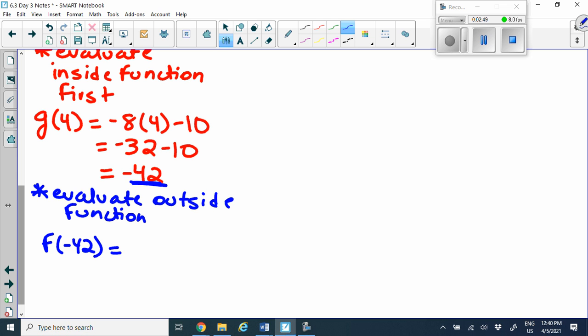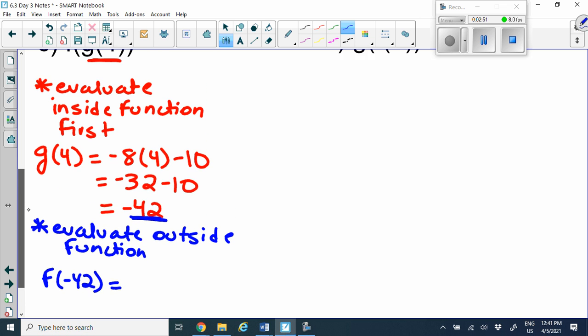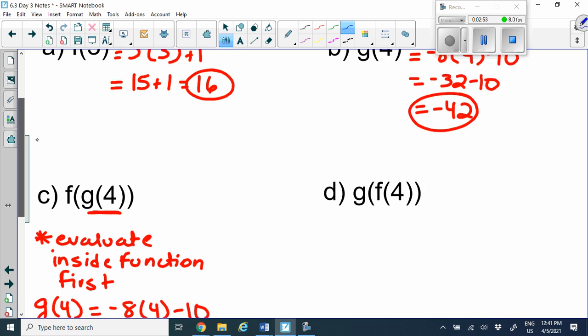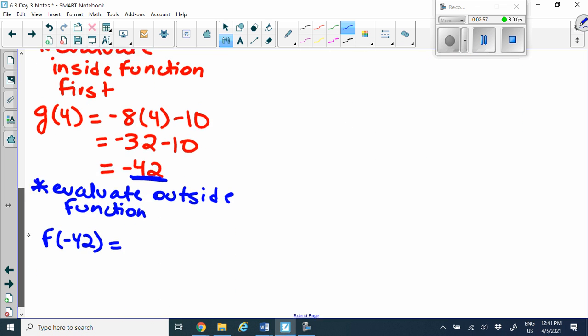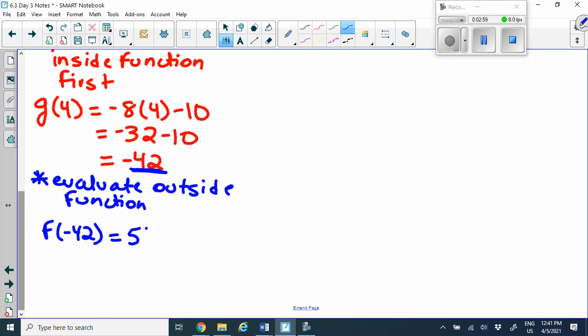Okay. So now I plug negative 42 for every place I see x in the f of x function. So we have 5x plus 1. And you might need a calculator here. And so when I do 5 times negative 42, it will give me negative 210. And then I add 1, so that gives me negative 209.